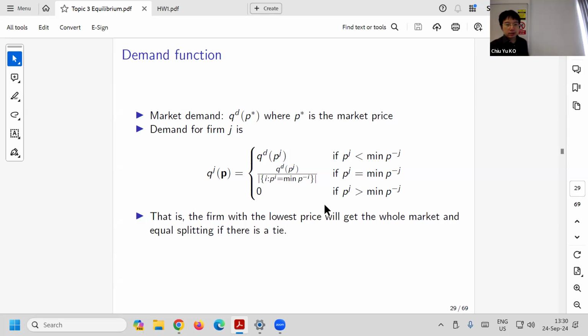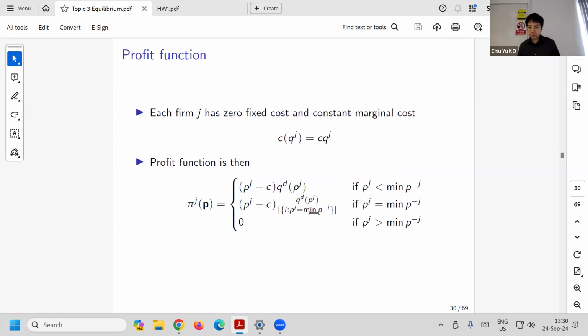Okay, and in this one, assume there's a constant marginal cost, and the profit function will be like this. That is just minus the c there, very simple.